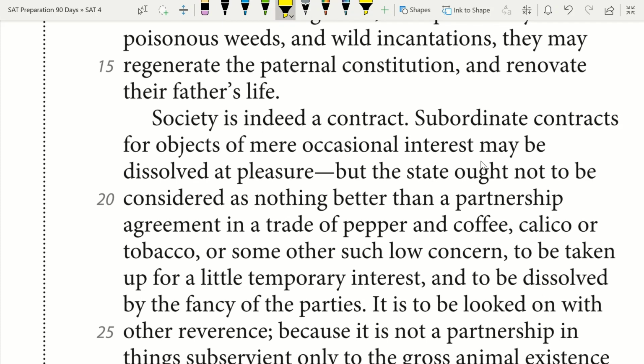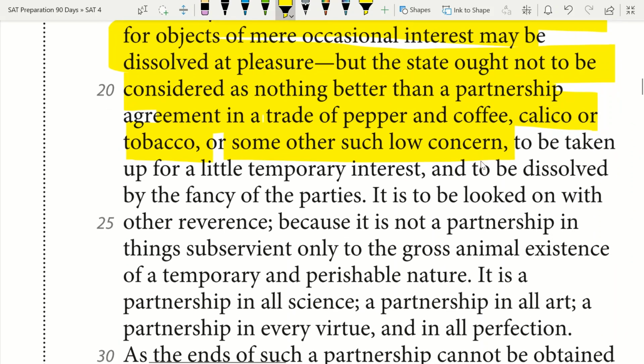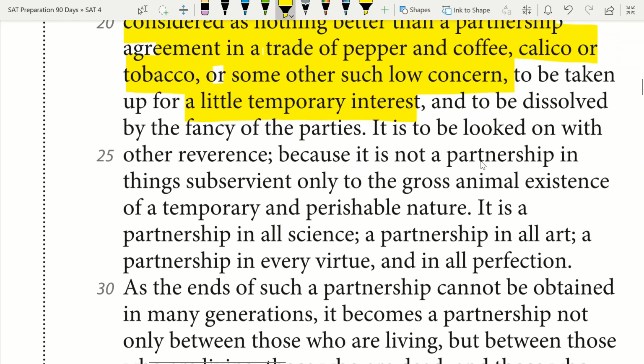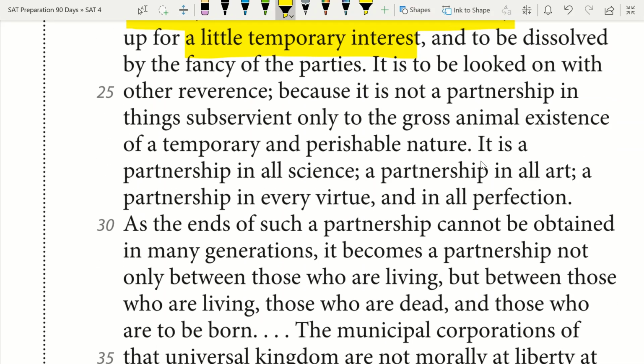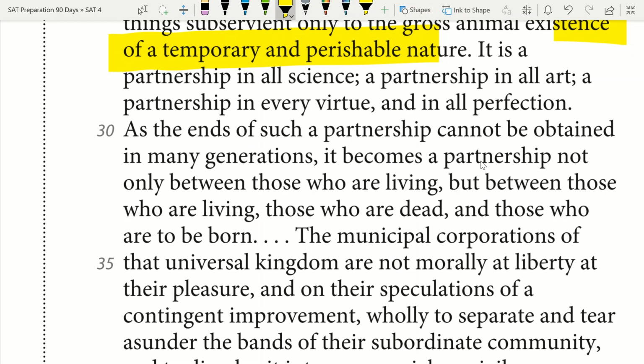Society is indeed a contract. Subordinate contracts for objects of mere occasional interest may be dissolved at pleasure, but the state ought not to be considered as nothing better than a partnership agreement in a trade of pepper and coffee, calico or tobacco, or some other such low concern, to be taken up for a little temporary interest, and to be dissolved by the fancy of parties. It is not to be looked upon with other reverence, because it is not a partnership in things subservient only to the gross animal existence of a temporary and perishable nature. It is a partnership in all science, a partnership in all art, a partnership in every virtue, in all perfection.